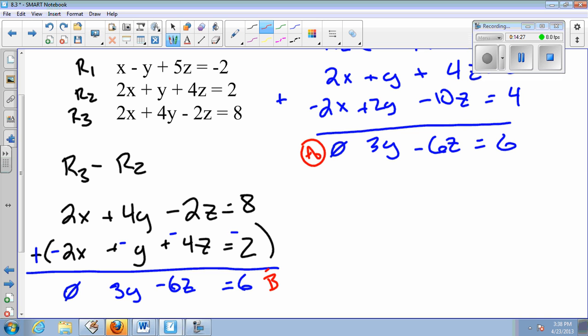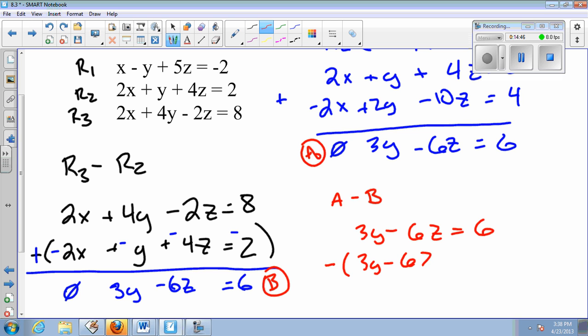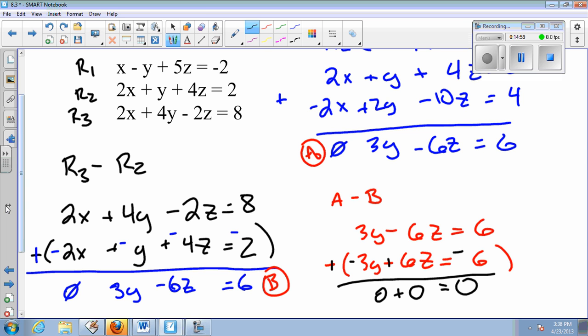So now if we look at A and B, we see that they are the exact same thing. So when we subtract them to get the opposites, everything's going to cancel. We get 0 plus 0 equals 0.